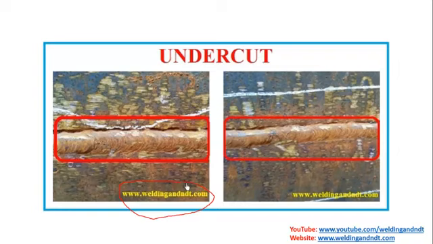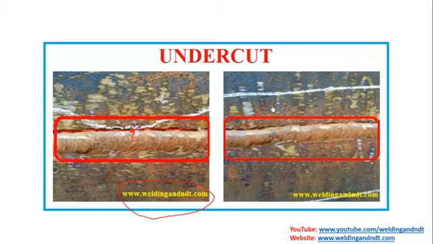These are the undercuts. Undercut is nothing but a groove formed on the parent metal near the weld metal. You can see the groove here. This groove has been formed on the parent metal near the weld metal, and this groove is known as undercut.